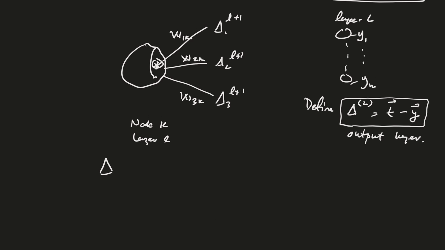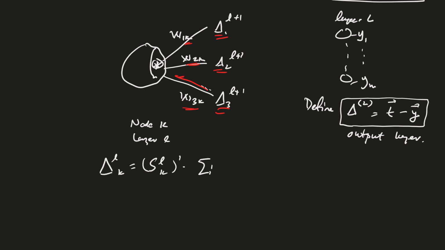And then there's something going on right here, and that's where the delta is being computed. So our delta for node K in layer L is going to be S prime of L K, times the sum, and now we are working backwards. We're going to take this delta times this weight, and this delta times this weight, and this delta times this weight.